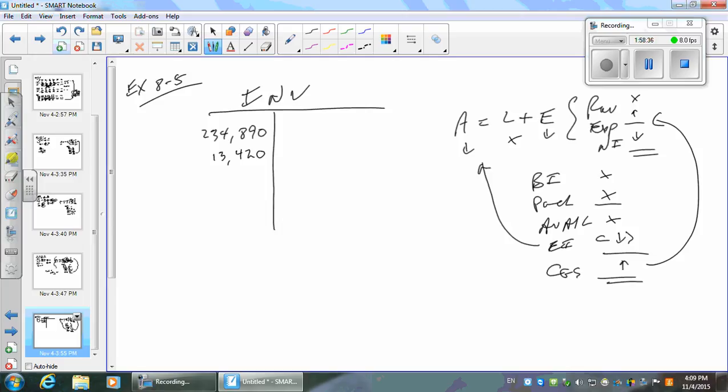What's your journal entry? This is going to be debit inventory for 13,420. And credit what? My cost of goods sold is too high. Cost of goods sold. Or income summary if you don't use a cost of goods sold account, right? With a periodic system, you might be using income summary instead of closing it into cost of goods sold.